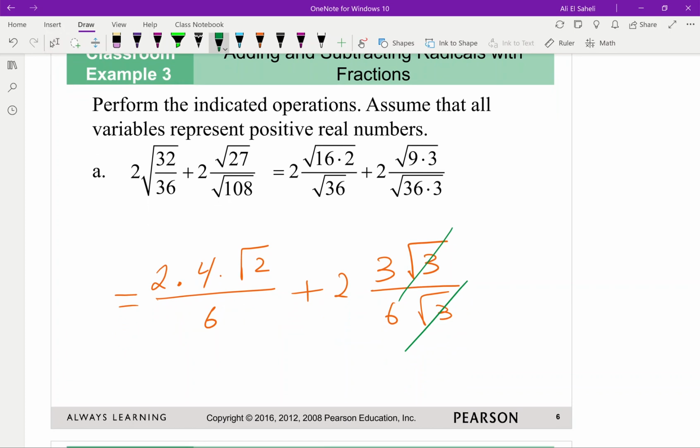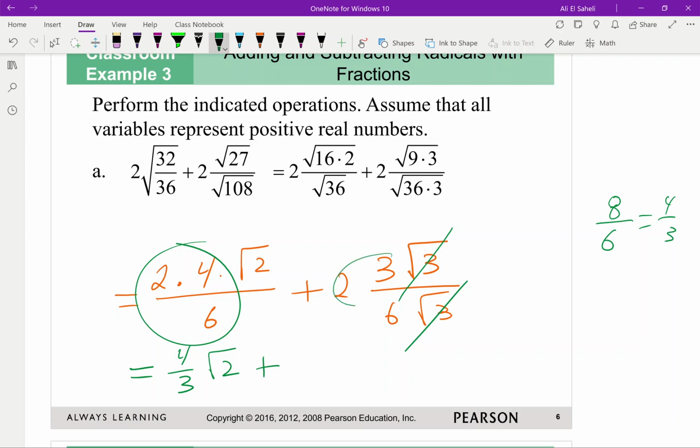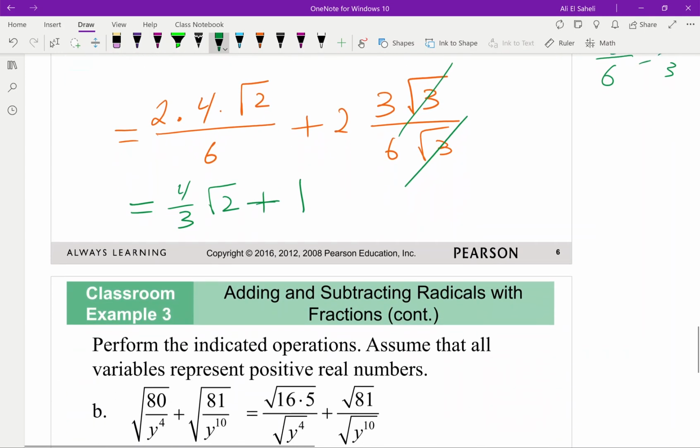So this is 2 times 4 is 8. 8 over 6 is 4 over 3. So this is 4 over 3 radical 2 plus 2 times 3 is 6, divided by 6 is 1, plus 1. And that's as far as we can take this.